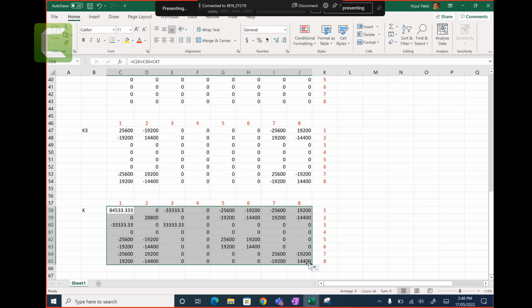Instability found for rotation about x-axis. So which one you pick, you can say.